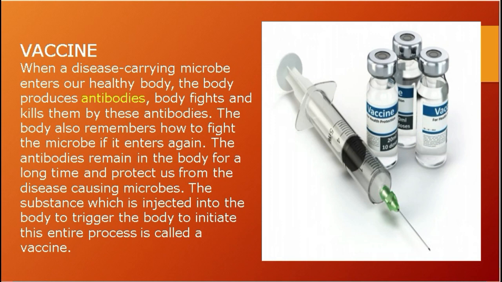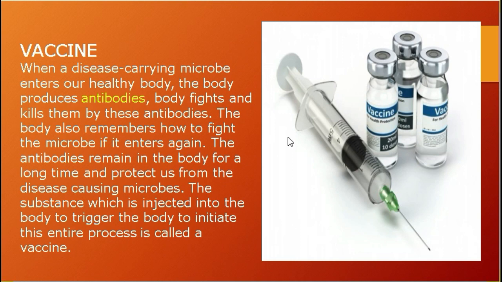Students, antibodies are the proteins that are basically manufactured by our body automatically to fight against foreign substances. So, when a disease carrying microbe enters our body, the body produces antibodies to fight the foreign substances. The body also remembers how to fight these microbes if they enter again in our body.